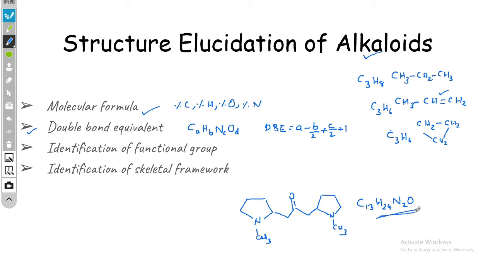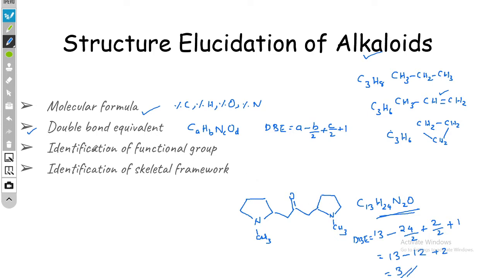From this molecular formula we can find the double bond equivalent. Here a is 13, so the double bond equivalent is 13 minus 24 by 2 plus 2 by 2 plus 1, that is 13 minus 12 plus 2, which is 3. We get 3 as the double bond equivalent.